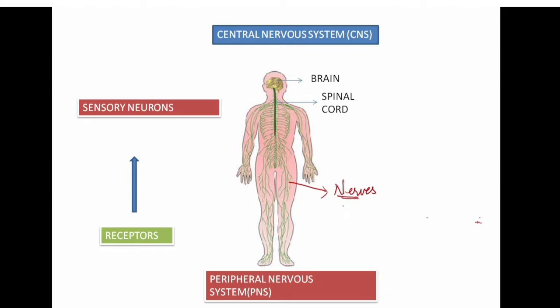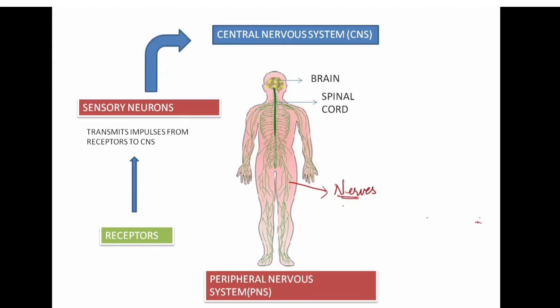The function of a sensory neuron is to transmit impulses from the receptor to the central nervous system. These sensory neurons collect the signals from the receptors and send them to the central nervous system, that is the brain and the spinal cord.